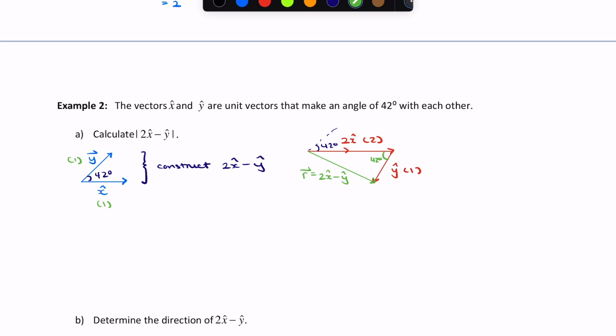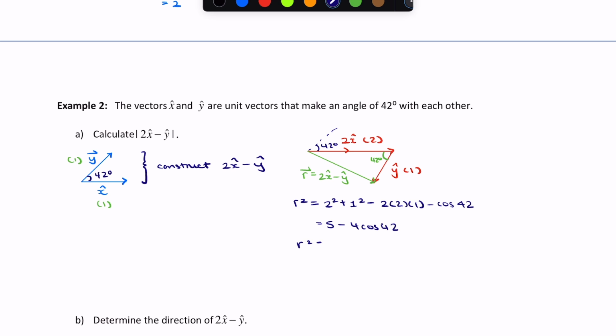Okay, so to find, again, our length here, we're going to use cosine law. And so here, r squared is equal to 2 squared plus 1 squared minus 2 times 2 times 1 times cos 42. And so that's equal to 5 minus 4 cos 42.